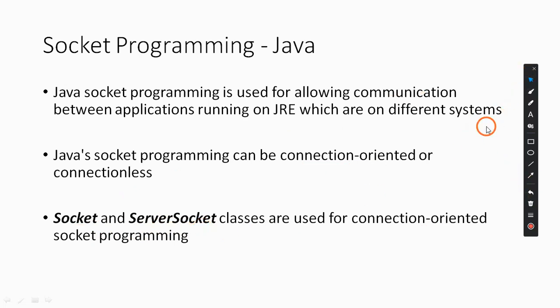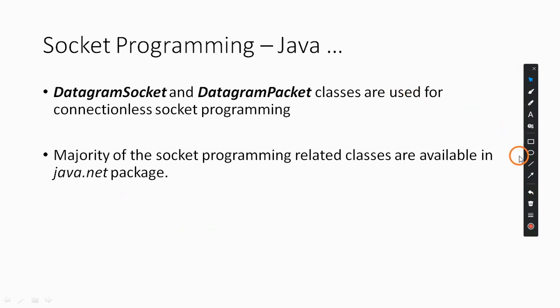If you want connectionless communication between client and server, we will use the classes DatagramSocket and DatagramPacket. It is straightforward. All these classes, ServerSocket, DatagramSocket, and DatagramPacket, are available in the java.net package. So if you want to do socket programming using Java, you need to import the java.net package. Okay, so let's continue.